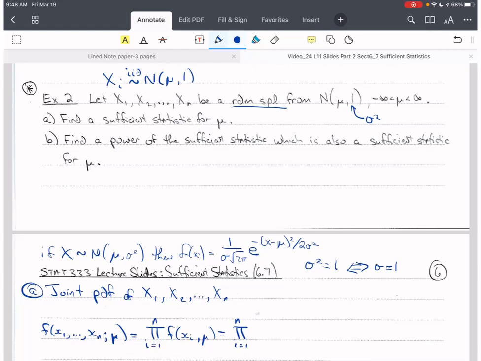Because of that, this can be written as 1 over square root of 2 pi, e to the negative (xi minus mu) squared over 2 times 1. Actually, I don't need to do the square there, because we're saying that sigma squared is 1 by definition.